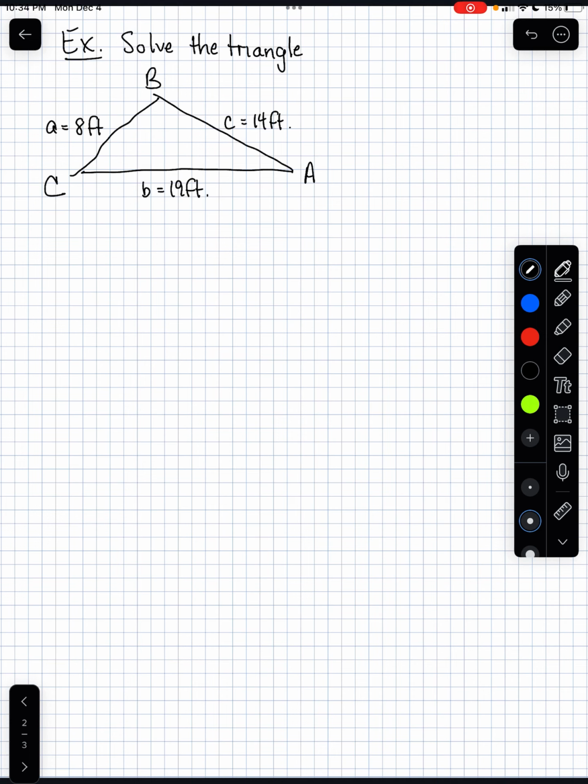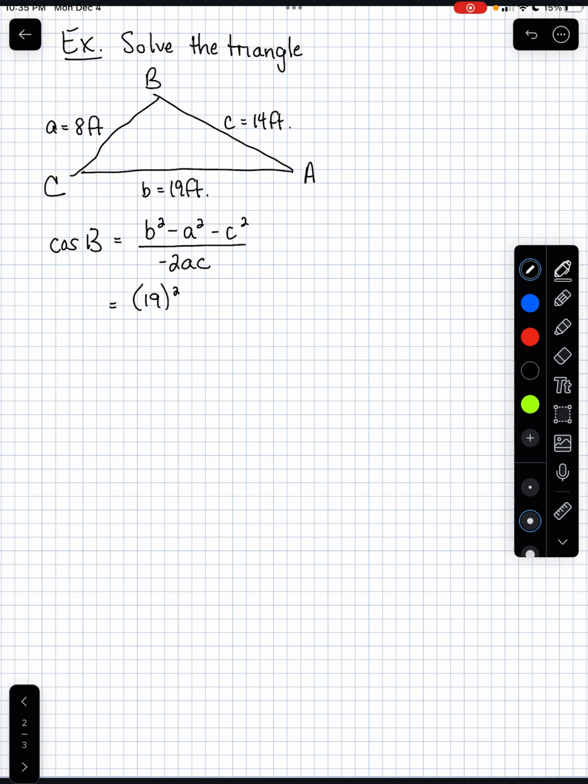So, we have all three sides. We can find any of the three angles from that. Let's try the cosine of B, which should be b squared minus a squared minus c squared over negative 2ac, where we have the lengths of the three sides, so all we have to do is put them in.